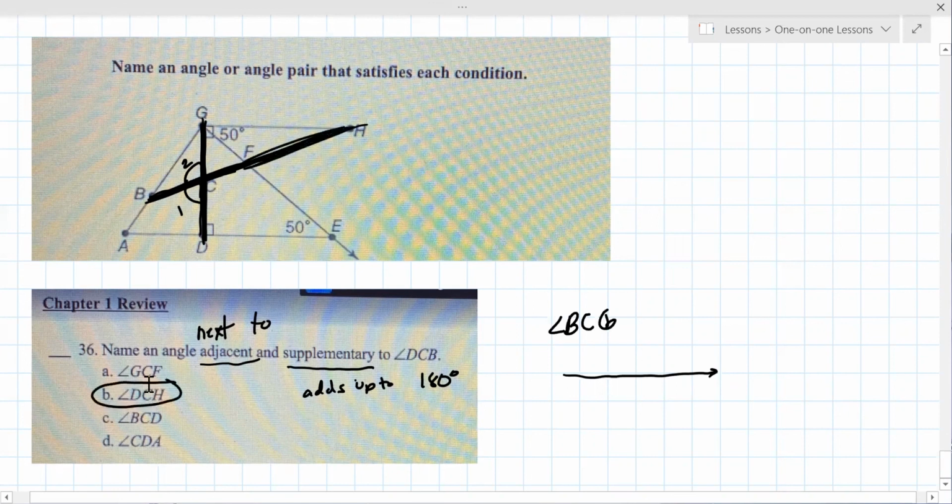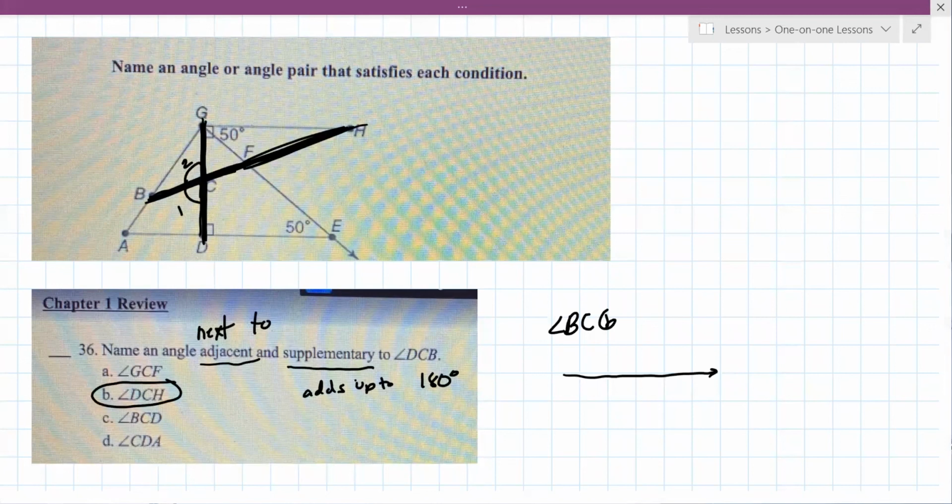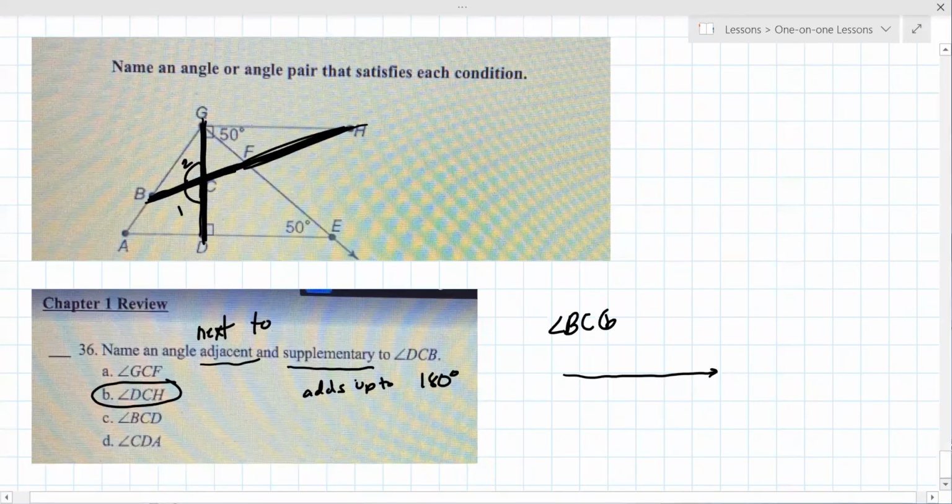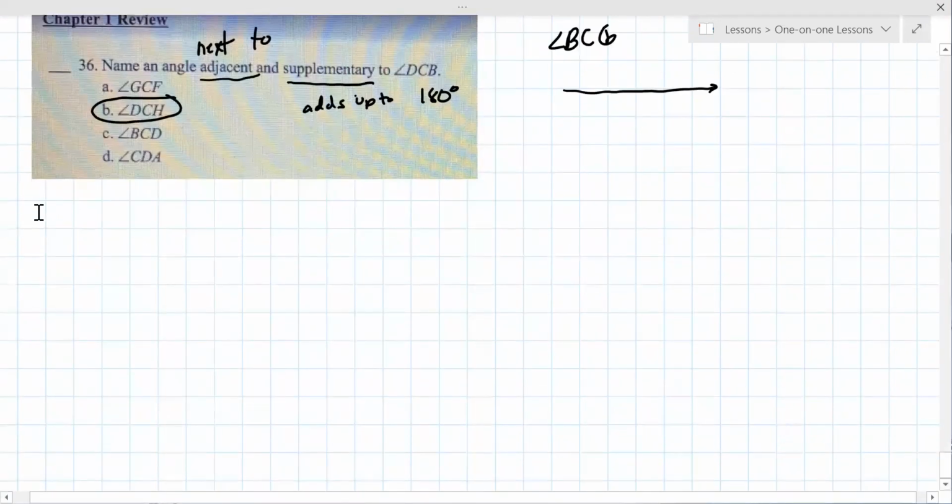Let me grab the picture again because I don't know if it's clear. All right, pasting that in.